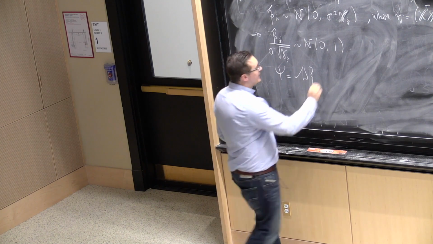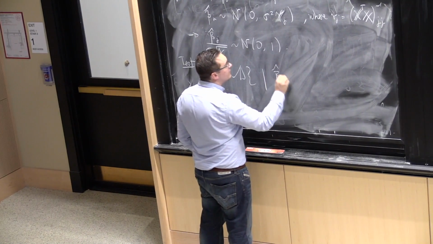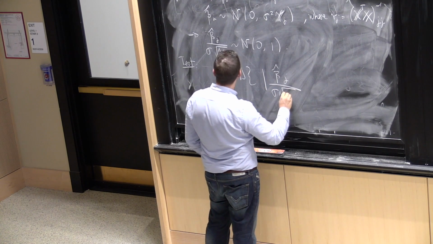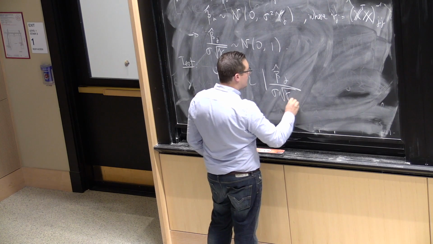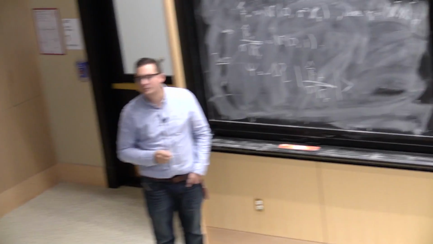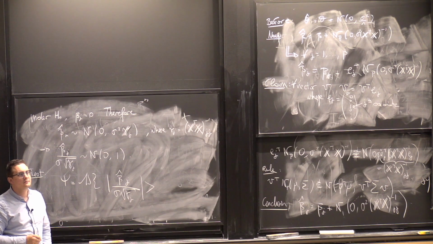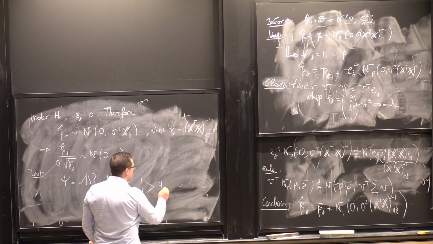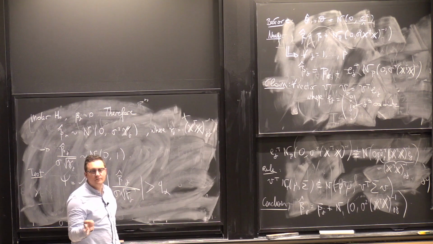if the absolute value of beta hat j divided by sigma square root gamma j is larger than what? Can somebody tell me what I want this to be larger than to reject? Q alpha. Everybody agrees? Of what?